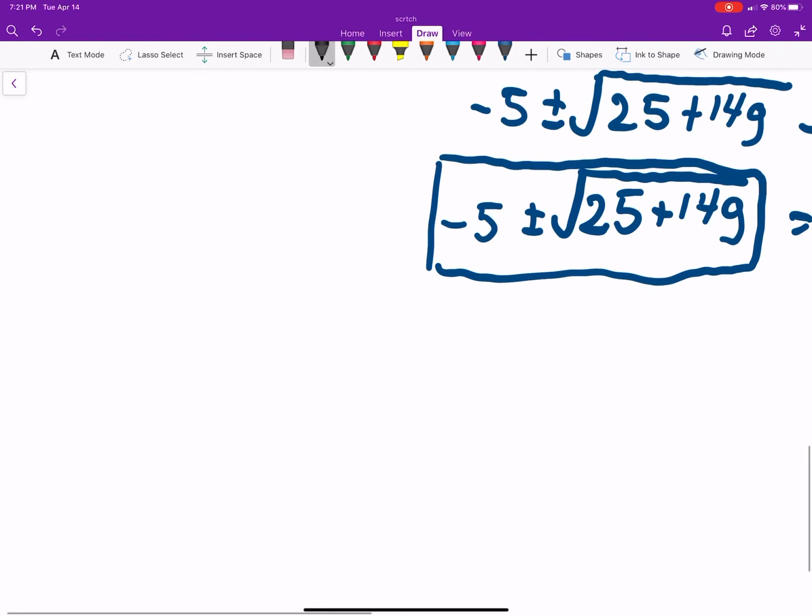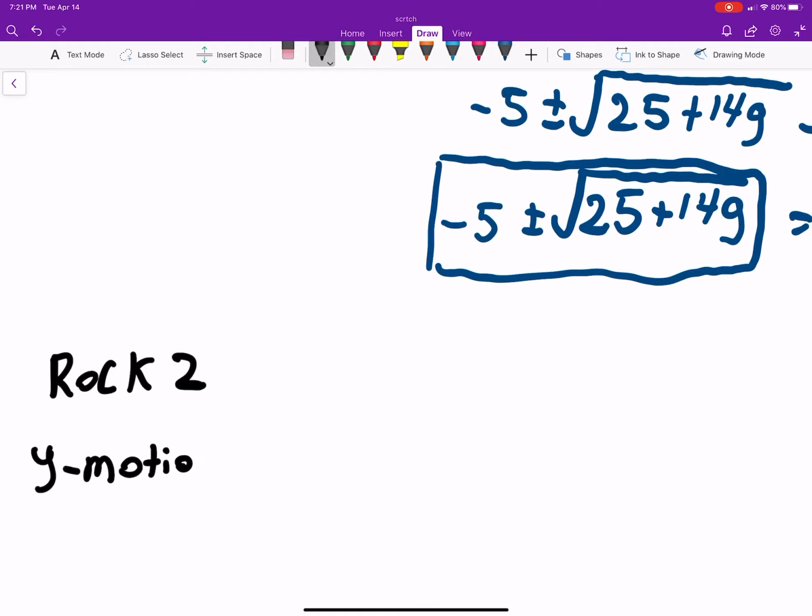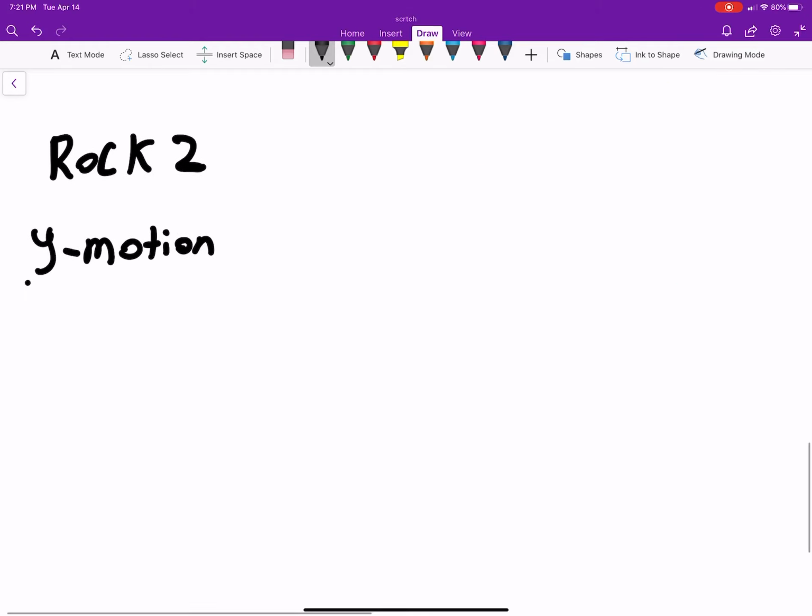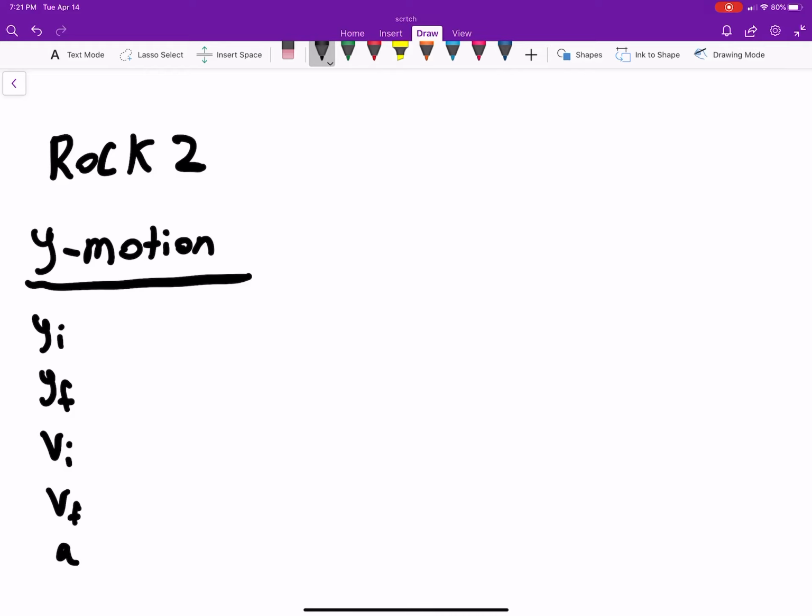Now we want rock 2, and rock 2 only has y motion. We actually know a good chunk of this.